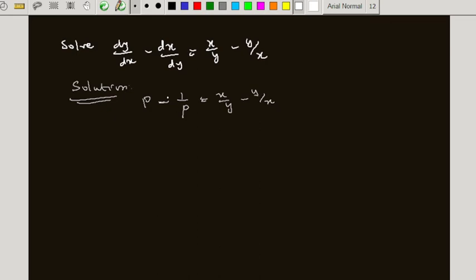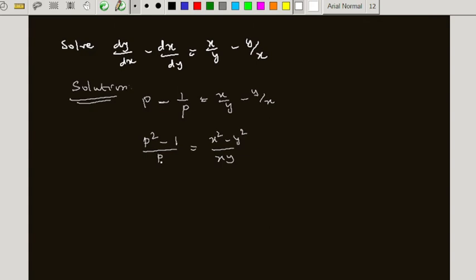We bring everything to one side, and before that we take the LCM. So if we take the LCM, we get p square minus 1 dividing by p equal to, if we cross multiply this one, we get x square minus y square by x into y.